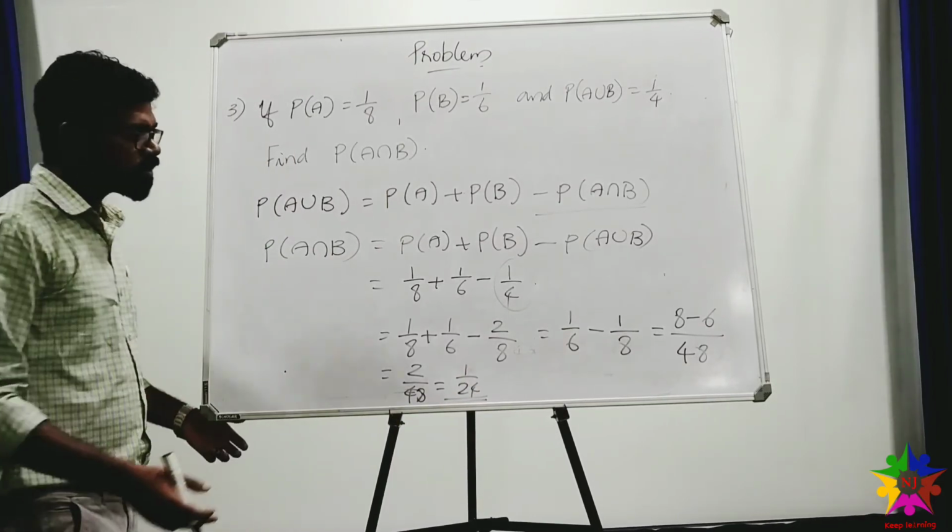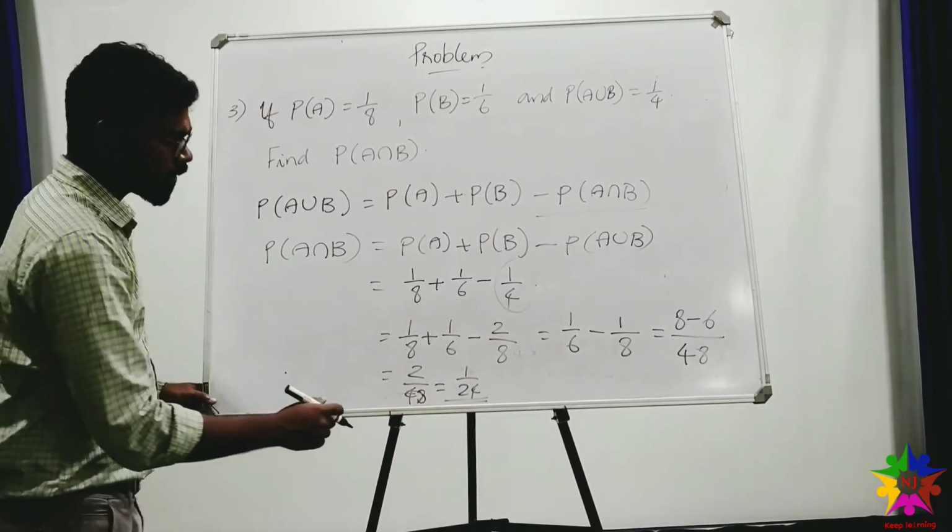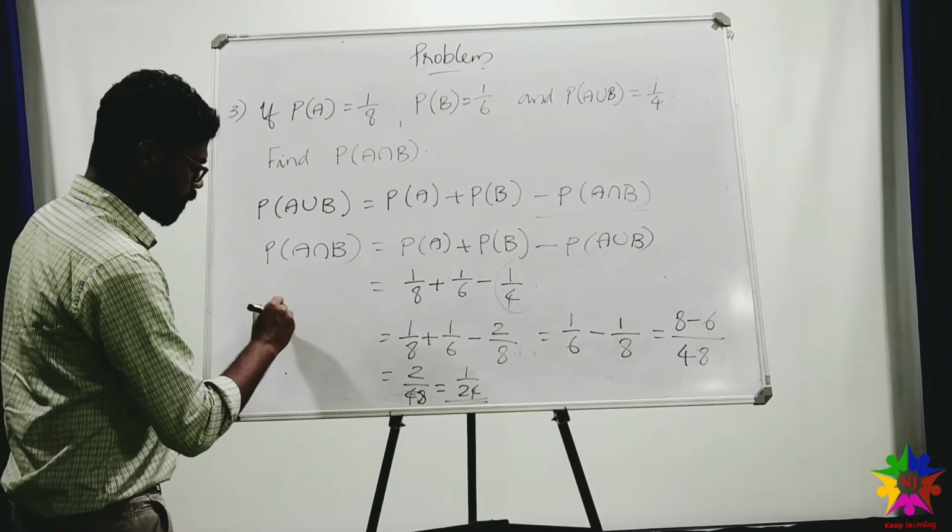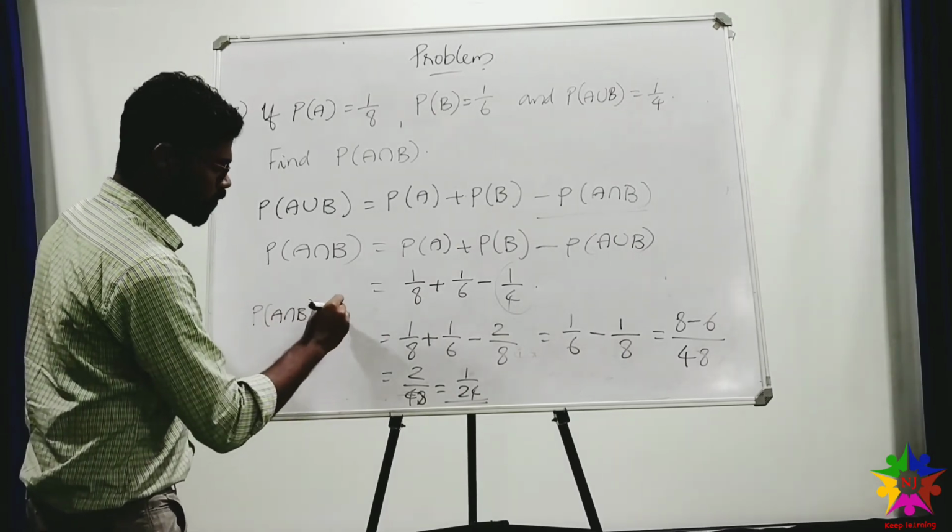You can use your own method to solve this problem, and the final result will be probability of A intersection B is equal to 1 by 24.